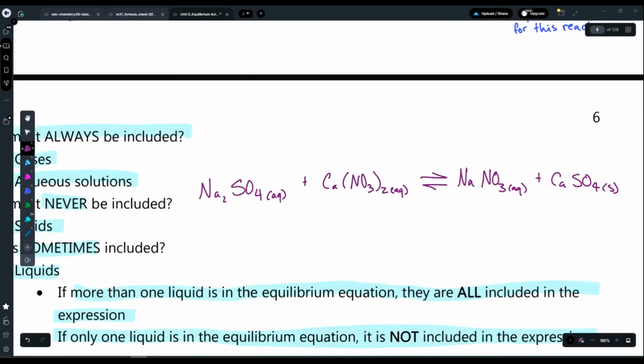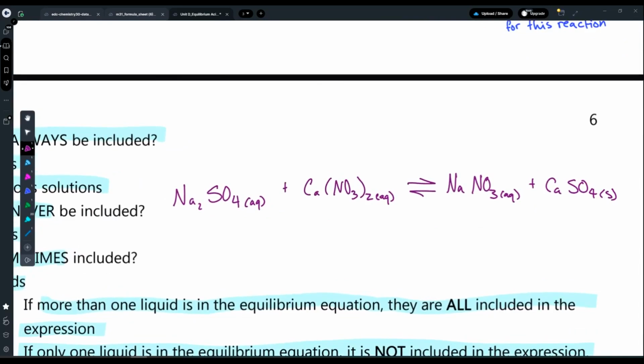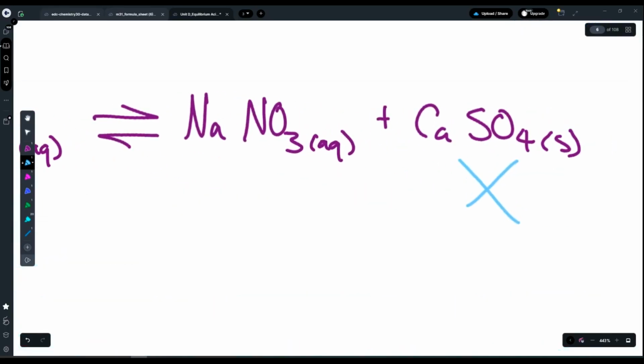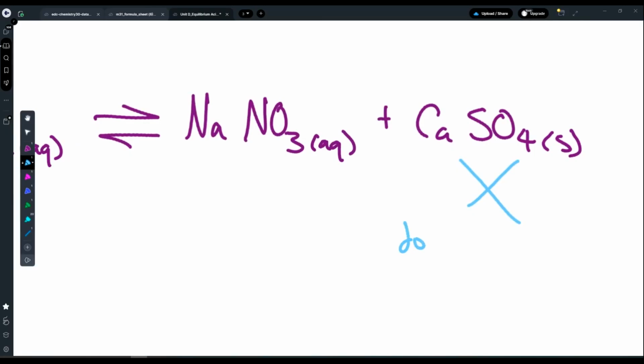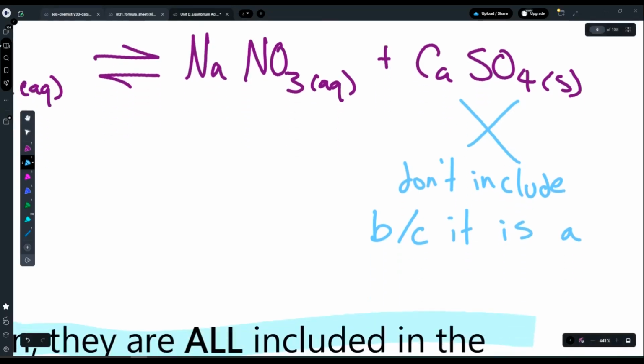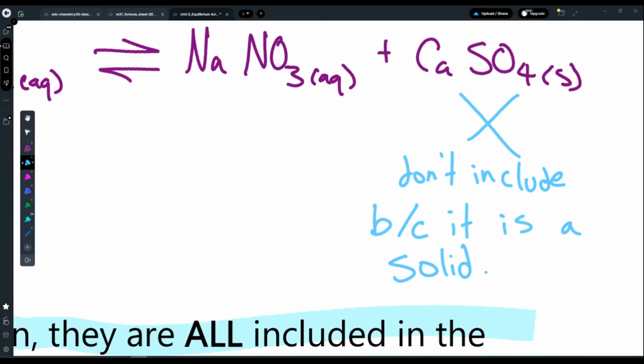If you were trying to make an equilibrium law expression out of this, you would not include calcium sulfate because it's a solid, but you would include the sodium sulfate, calcium nitrate, and sodium nitrate because they're all aqueous. So solids do not get included in your equilibrium law expression.